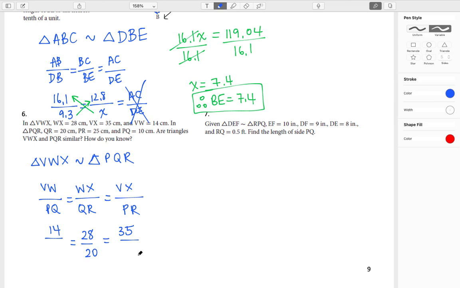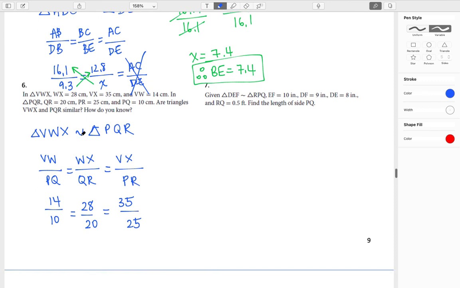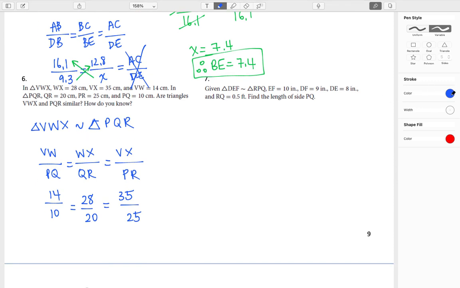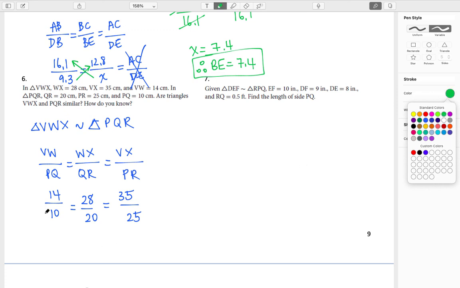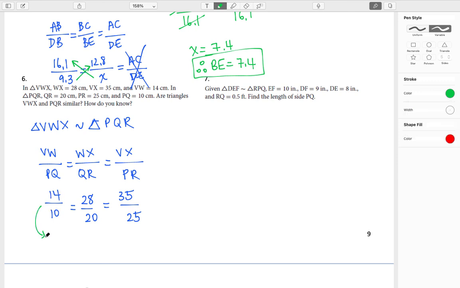PR is 25. And PQ is 10. And they're asking, are the two triangles similar? Well, in order to figure out if they're similar or not, let's figure out what the ratio is. So using your calculator, what's 14 divided by 10? It gives me 1.4.